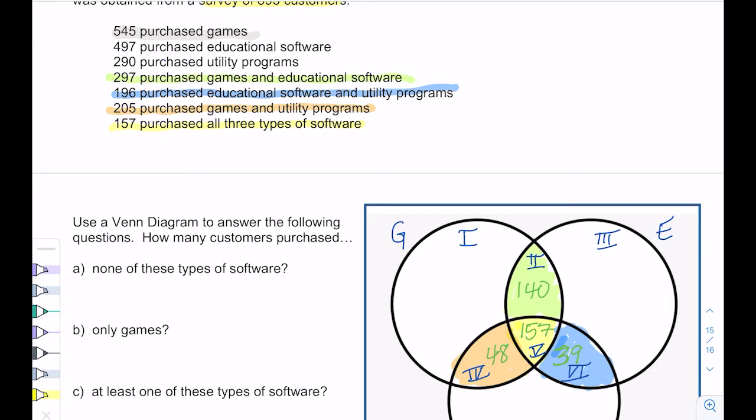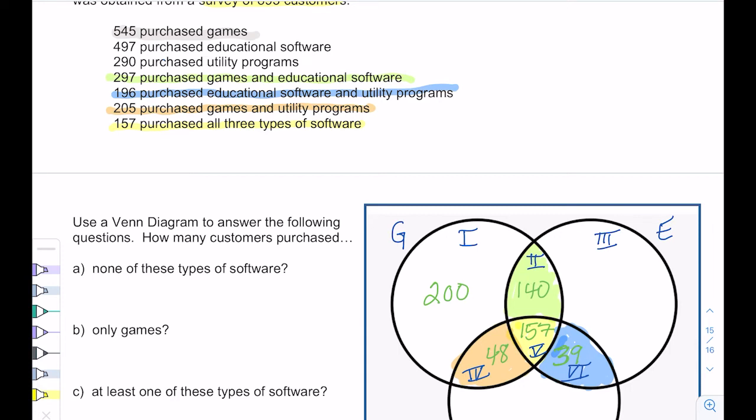So I need to take 140 plus 157 plus 48 and add them and subtract it from 545. So I'm adding up the green, the yellow, and the orange because they're all part of the game circle, and I'm going to subtract that total from 545. And when you do that, you should get 200.